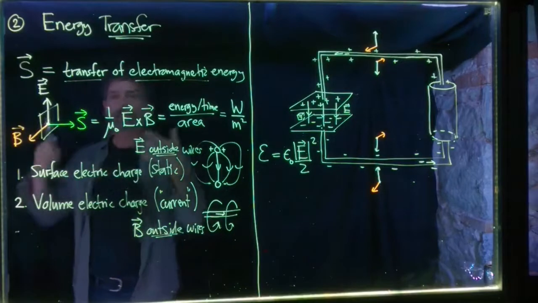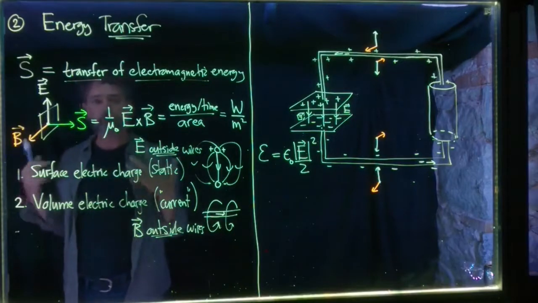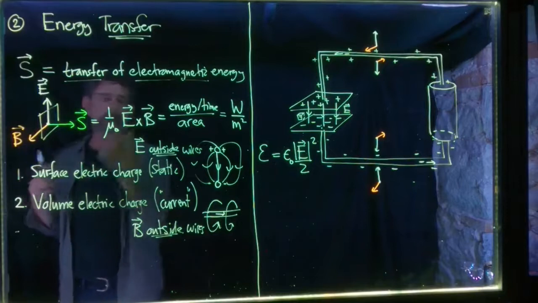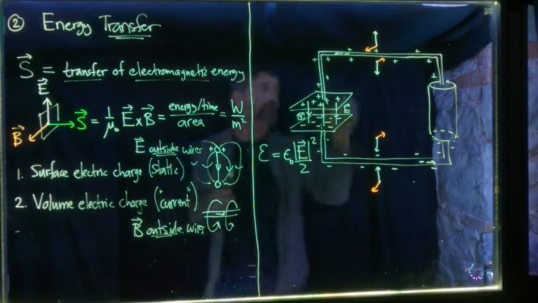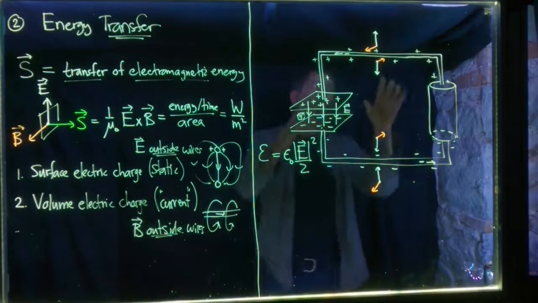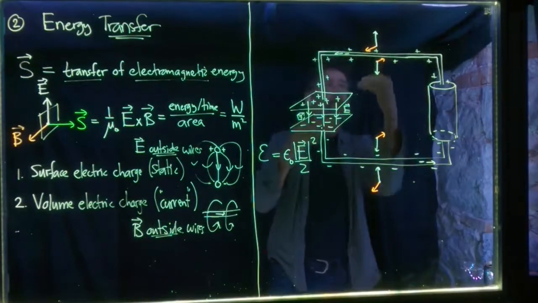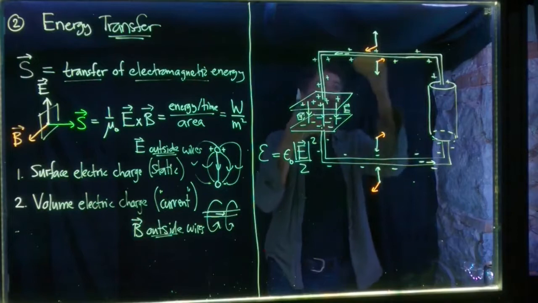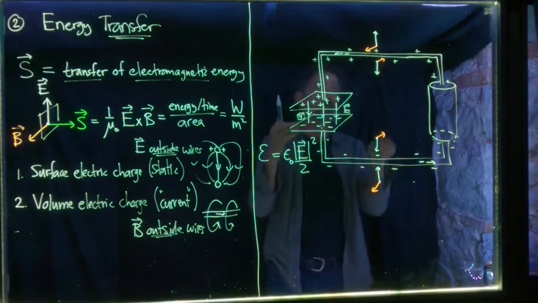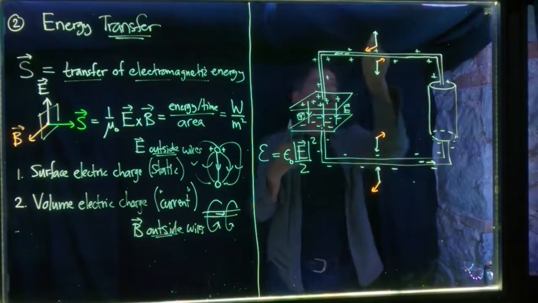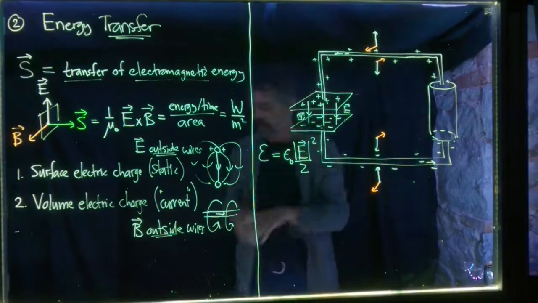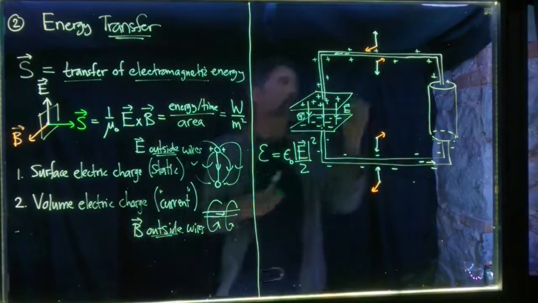If I work out the direction of the flow of electromagnetic energy, well, I just go E cross B. E cross B is that way. Okay, so what that says is the static electric field due to the static surface charge, vector cross product with the steady magnetic field due to the current that's flowing around this circuit. E cross B is a vector which is in this direction.